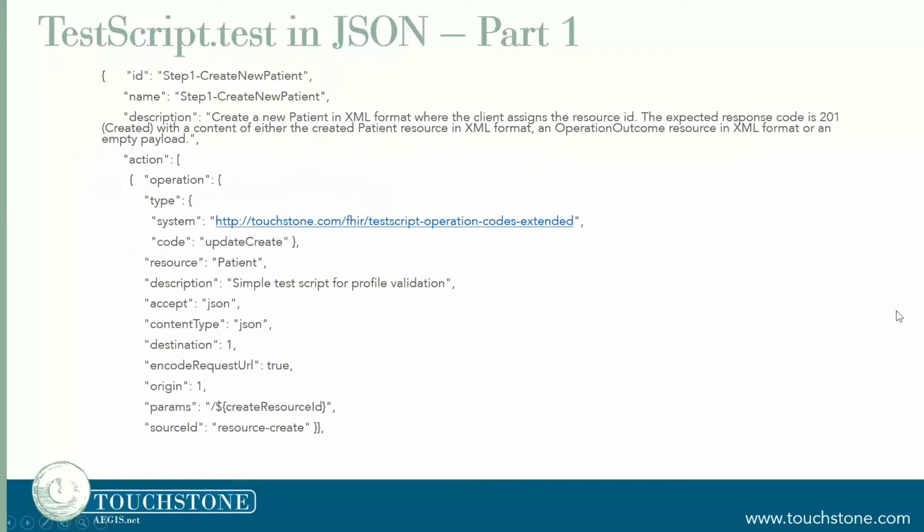Then in JSON, this is the entire operation. So again, we have the ID and the name that came from that rule set variable. We have that full description that we pasted in there.